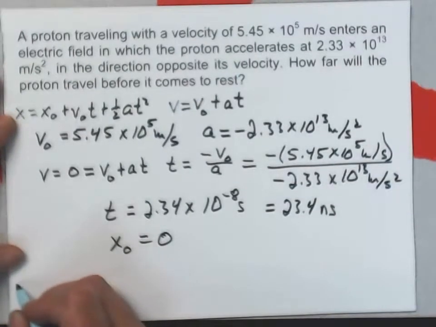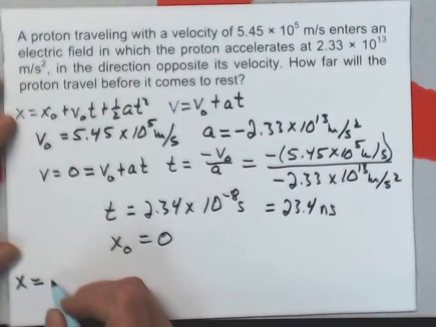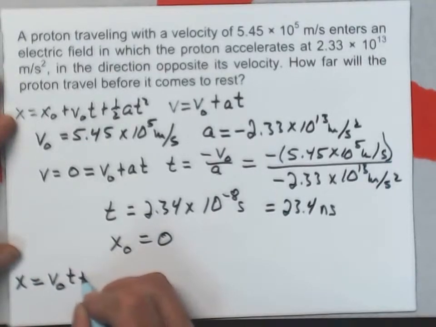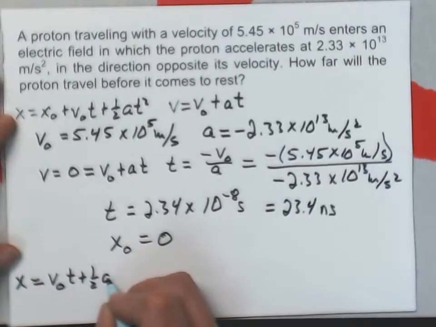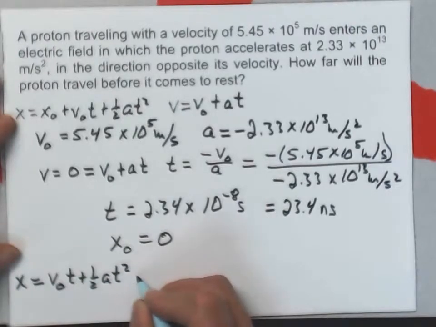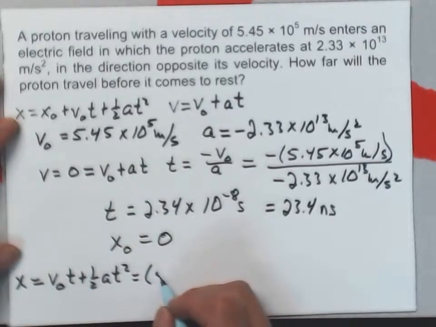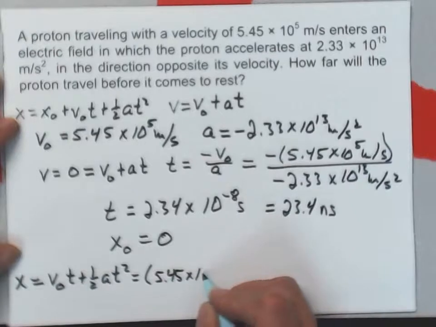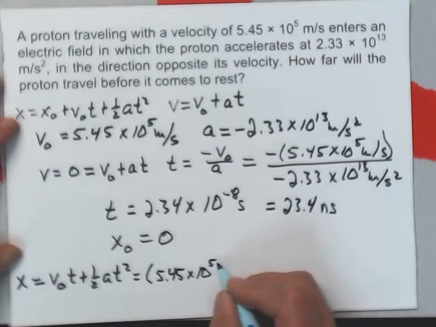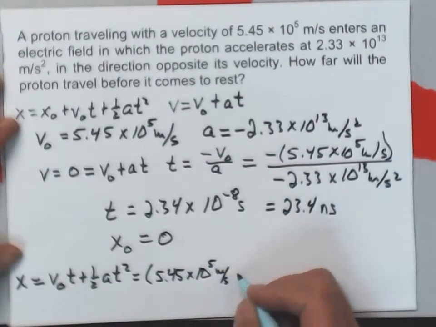Then I would get x equals v naught t plus 1/2 at squared. v naught is 5.45 times 10 to the 5th meters per second.